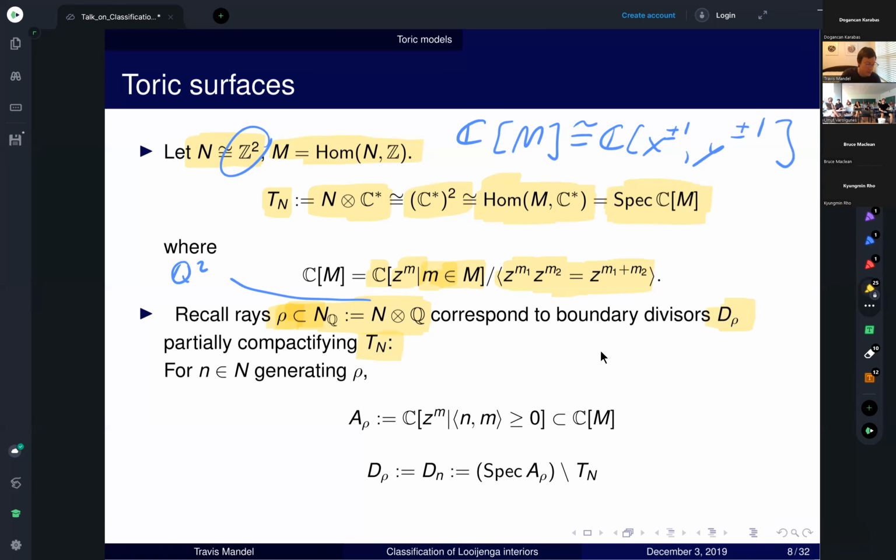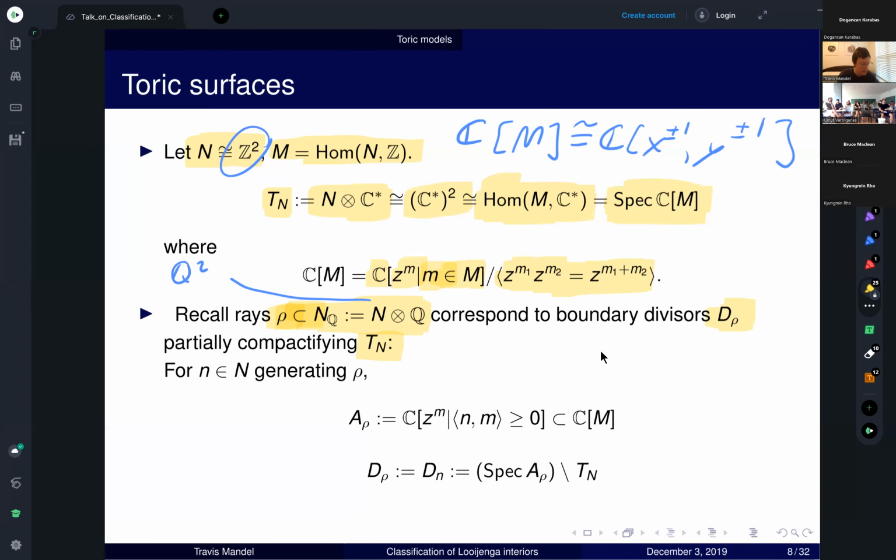So, for example, if you add in one ray, you might get something like the x-axis or the y-axis, or you might get the axis at infinity or various things in between that would come from blowups.